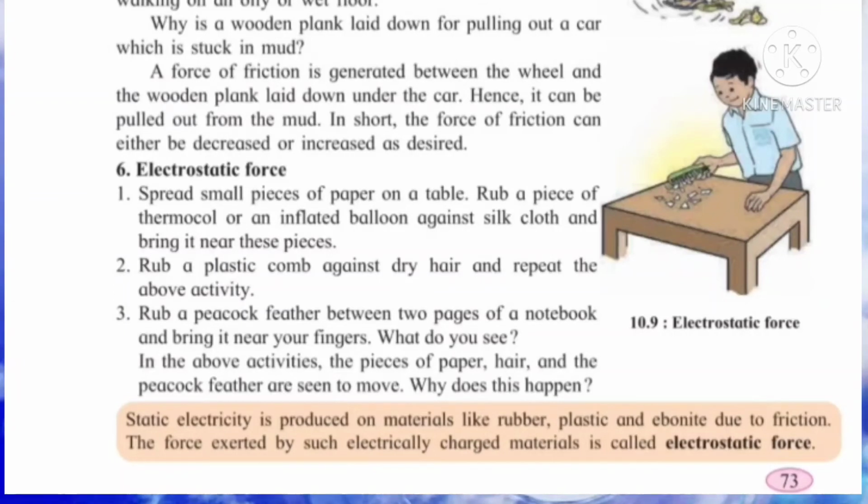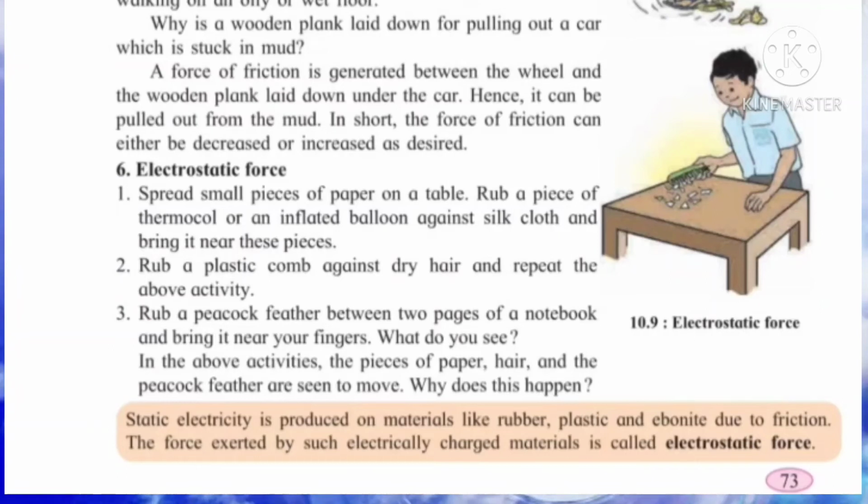Because they generate one force, that is called static electricity. So static electricity is produced on materials like rubber, plastic, ebonite due to friction. As we rub it, rubbing means what again? Friction only. Yes, the force generated by such electrically charged material is called the electrostatic force.